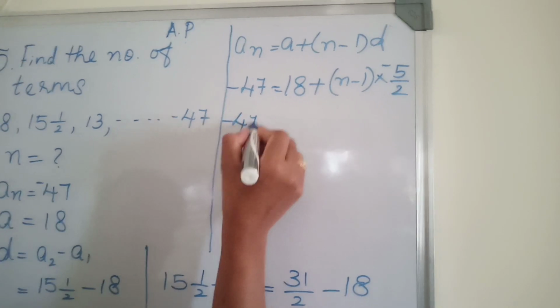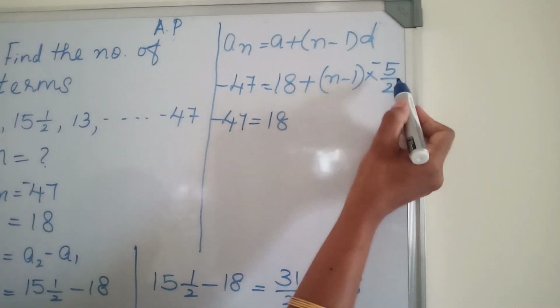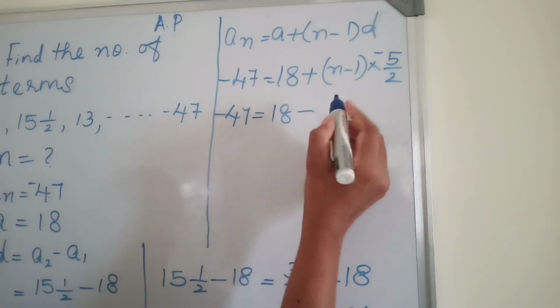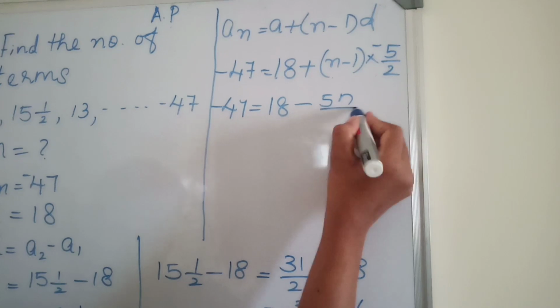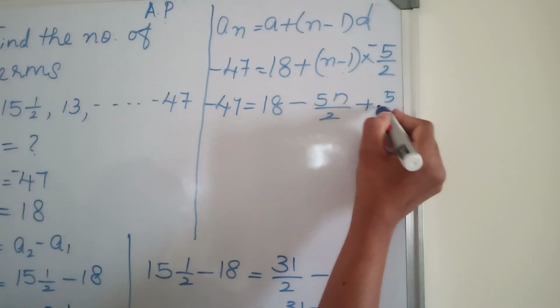Minus 47 equals 18. Here we will multiply n minus 1 with minus 5 by 2. So n into minus 5 by 2 becomes minus 5n by 2. Again minus 1 into minus 5 by 2 becomes plus 5 by 2.